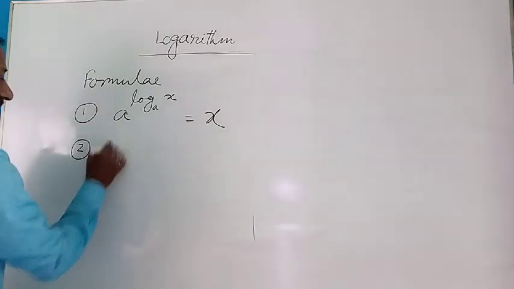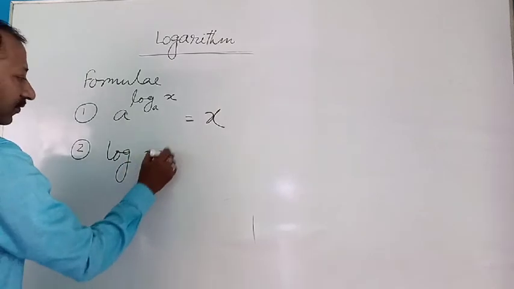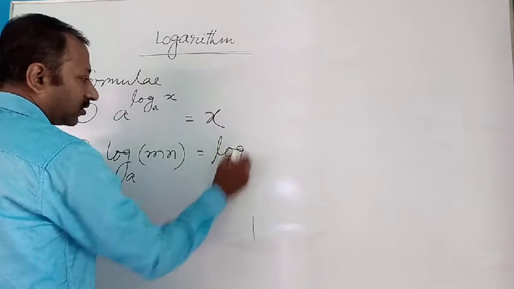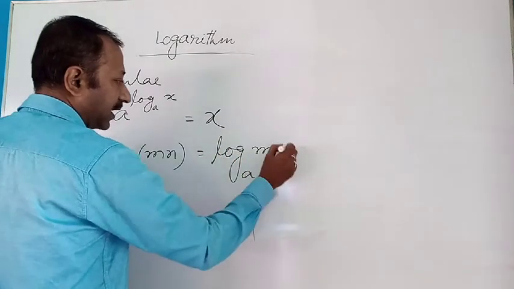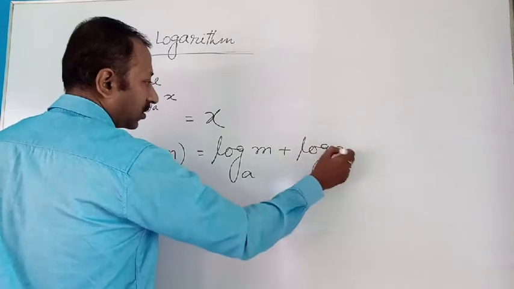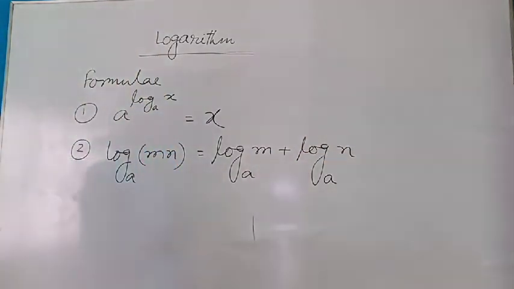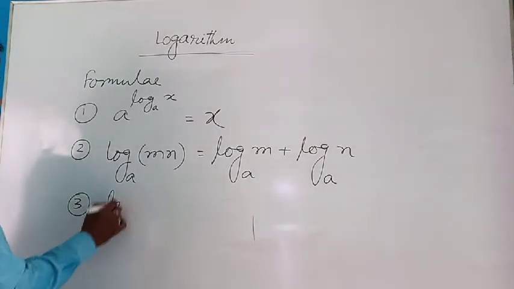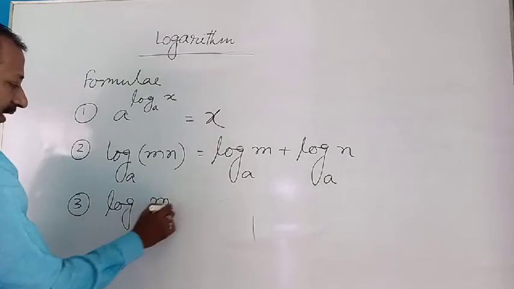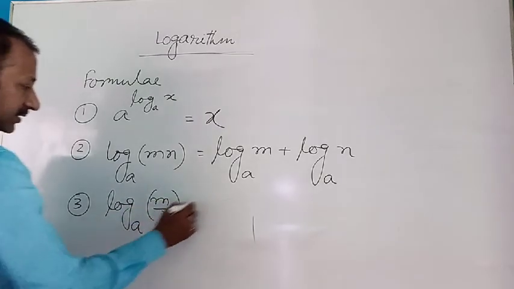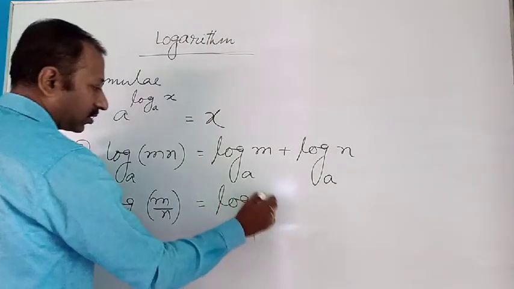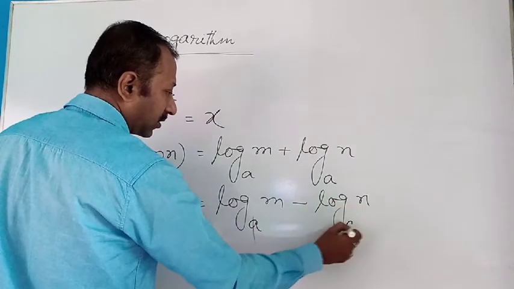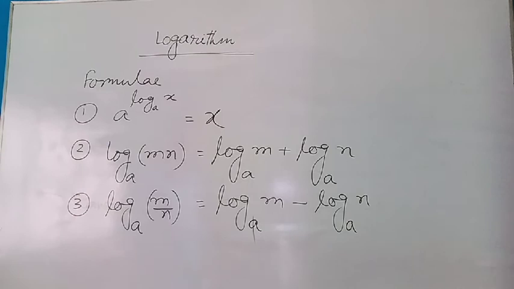Number 2, log of m into n base a equal to log m base a plus log n base a. Number 3, log of m by n base a equal to log m base a minus log n base a.